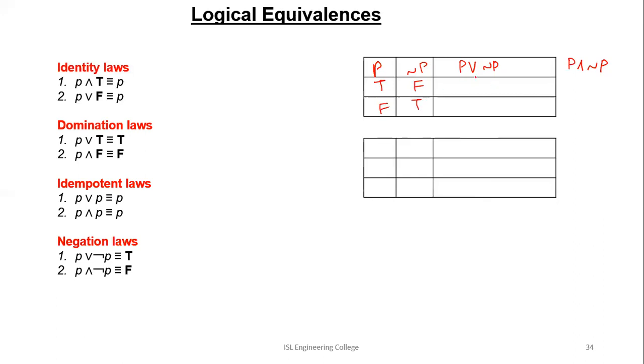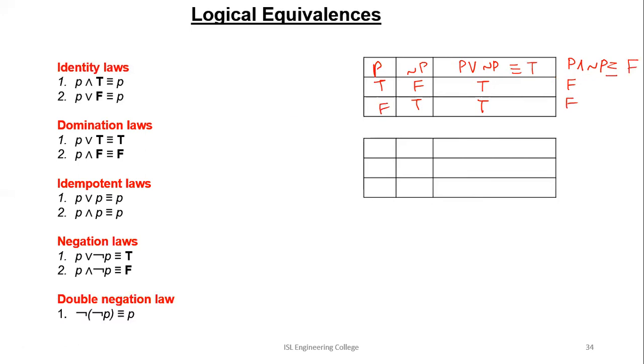Whenever we OR it, it will be true, false and false, true, so both truths. And when you're ANDing it, we don't have two truths at the same time, so we'll just write false. So if you notice, this is equivalent to all truths. So this is a tautology, and this is a contradiction. It was one of the examples.